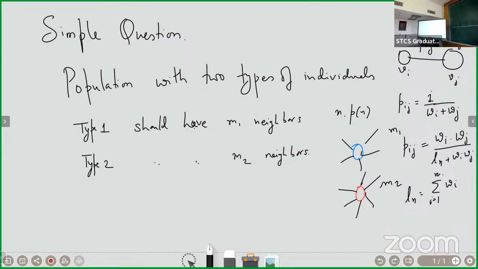When Pij will be the same irrespective of i and j. Yes, but when I say recover, you have to give me a certain choice of Wi. What is that certain choice? Each is assigned weight 1. It won't work. See, 1 by 1 plus n plus 1. That's not Erdős–Rényi.